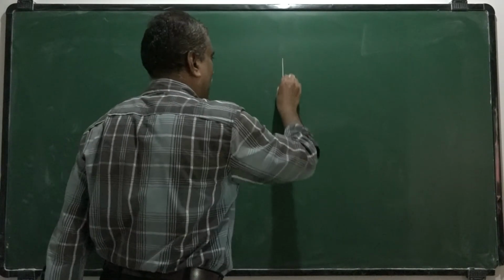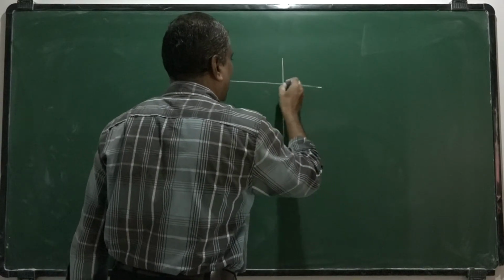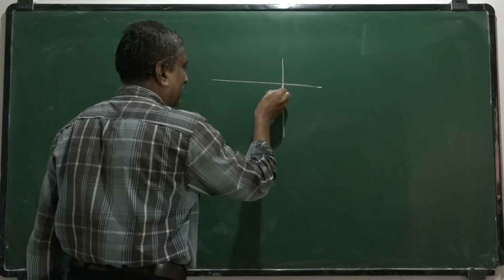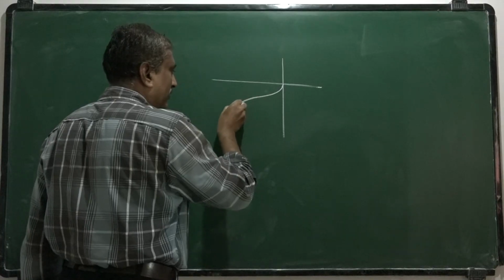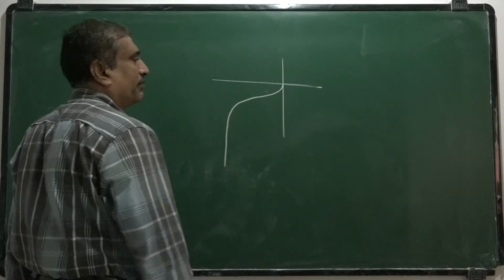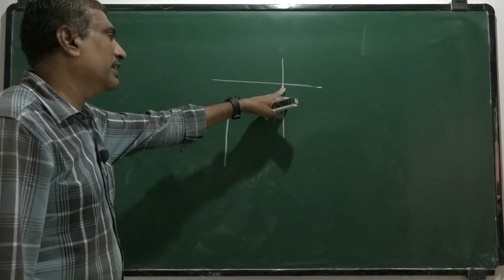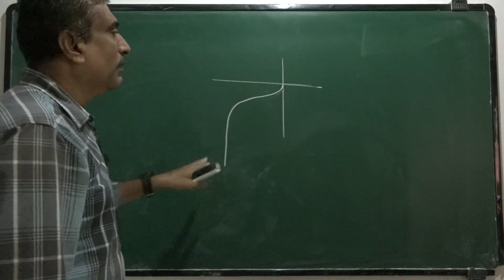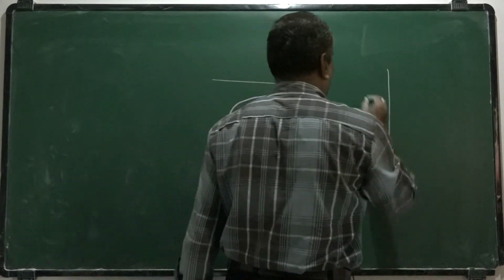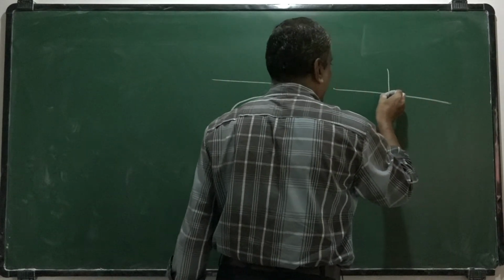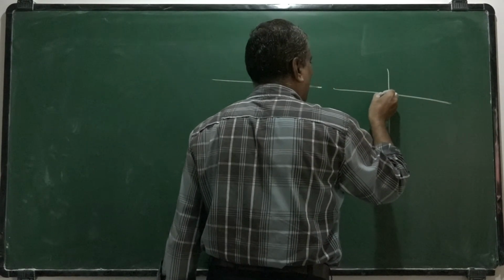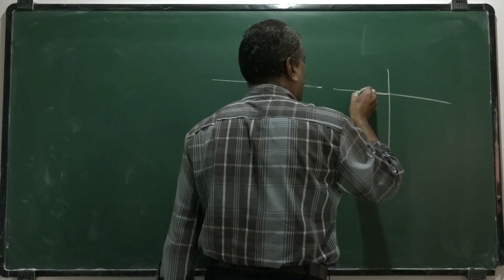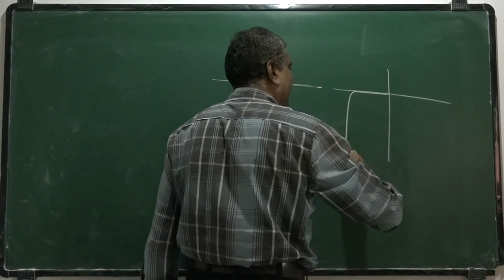In an ordinary junction diode, the reverse saturation current gradually increases like this and suddenly it undergoes breakdown. But in case of a Zener diode, a very small current flows across the junction and suddenly rises like this.